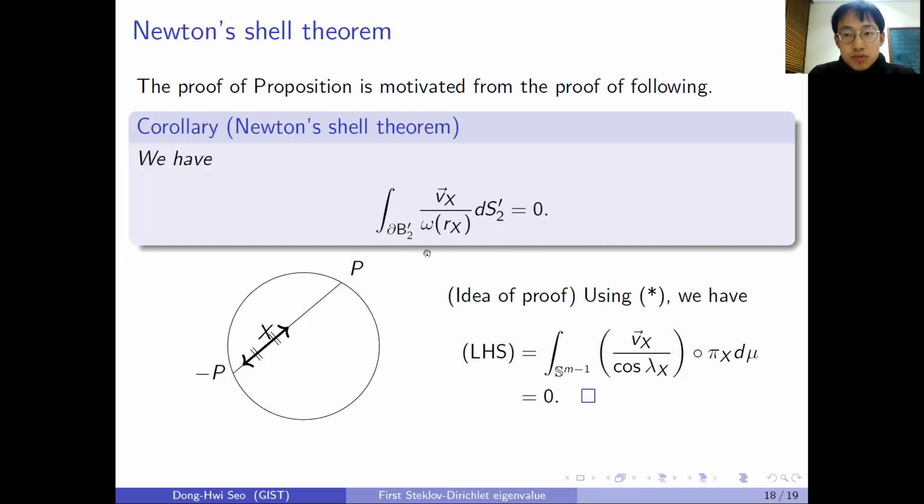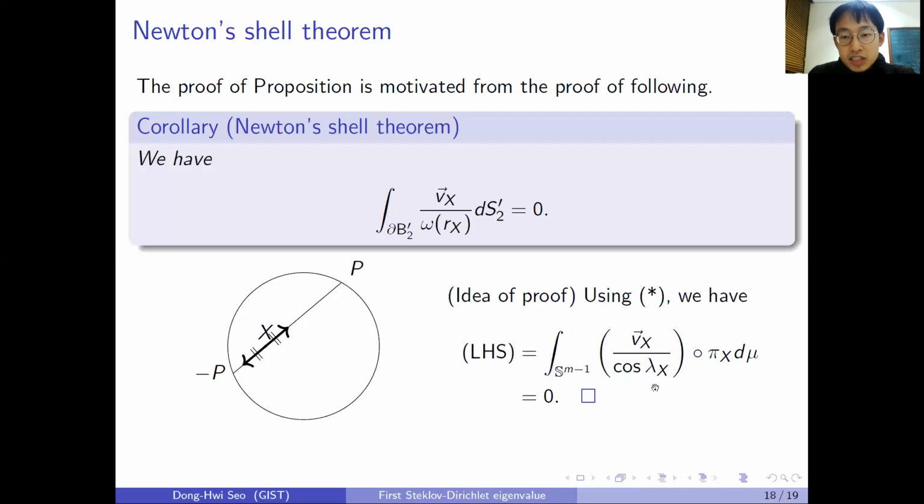And the proof is very similar to the proof of the proposition. Using the infinitesimal area formula, our left-hand side becomes the integral of the direction from x divided by cosine lambda sub x composite projection at x over the unit sphere.